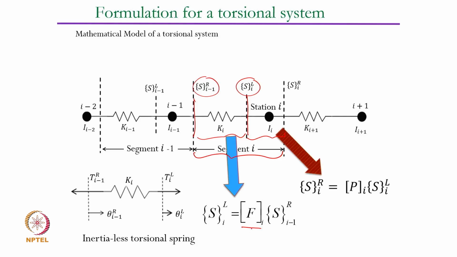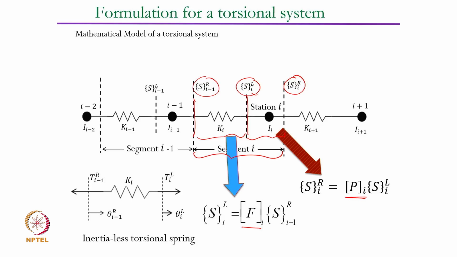We already got an expression for the relationship between the state vector on the right of the ith inertia and the left of that inertia through the matrix called the point matrix. So these two are the matrix relationships between the state vectors that we have.